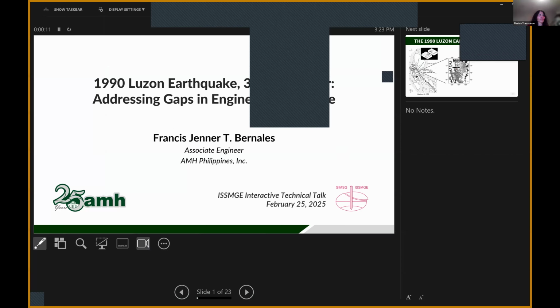Yes. For some reason, I have black zones. I don't know about the others. That's the presenter's view. Oops. Okay. It's showing not the full screen. Sorry about that.